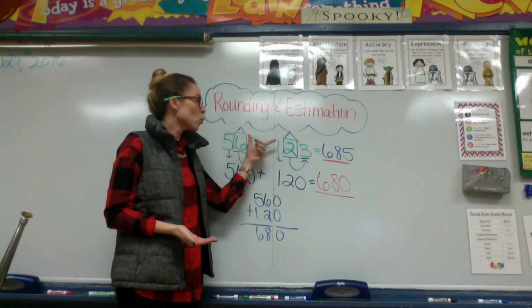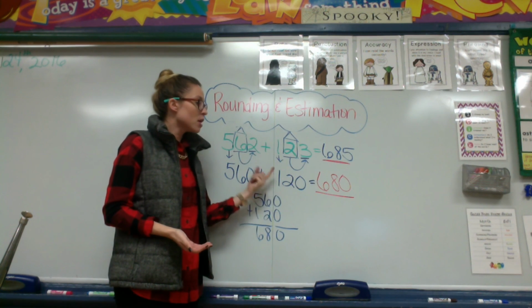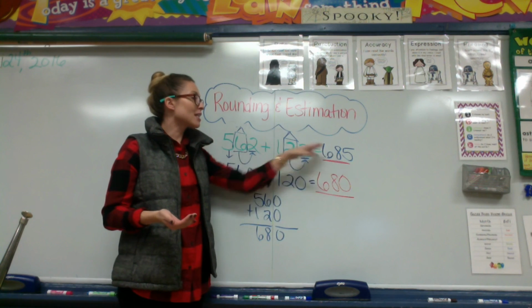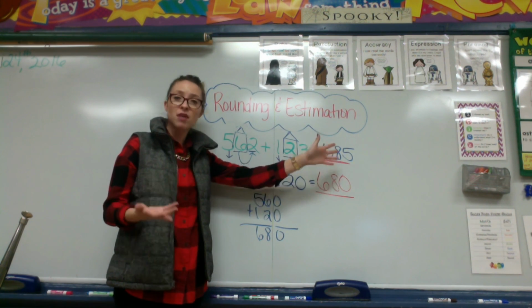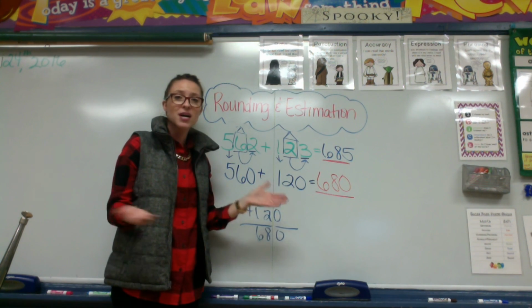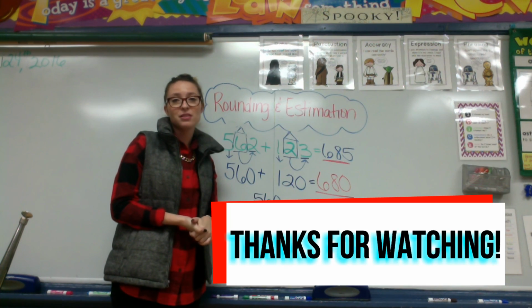So again, if this was a subtraction problem, we would round our numbers first, subtract them to get an estimated difference, subtract the actual numbers to get the actual difference, and compare and think, is my estimate reasonable? So that was a quick little mini lesson on how to round and estimate sums and differences.